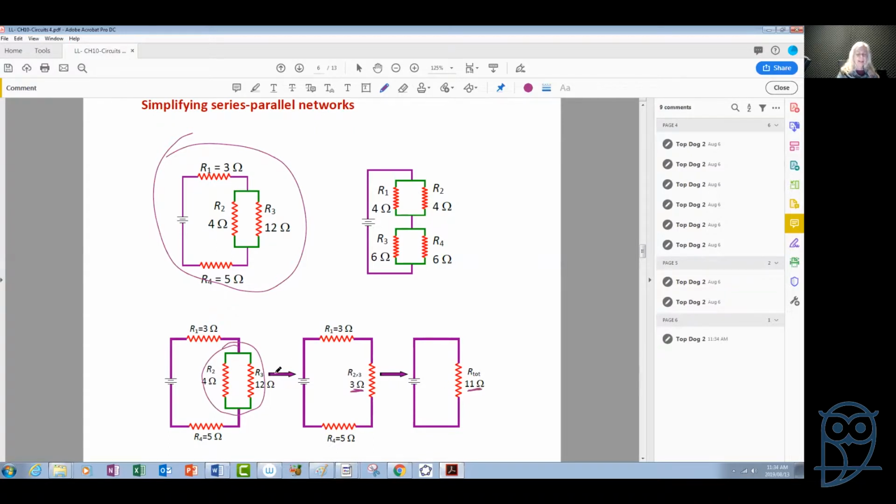So these are the steps that we need to follow whenever we need to simplify a circuit. Start from the parallel connections: identify first of all the parallel connections, then get rid of them. And each time we redraw the circuit in a simpler form, with fewer and fewer components.